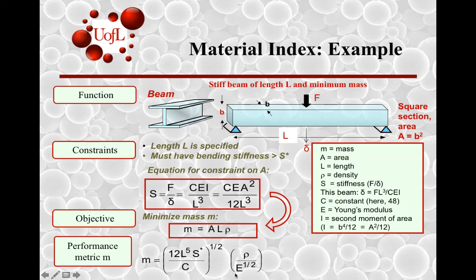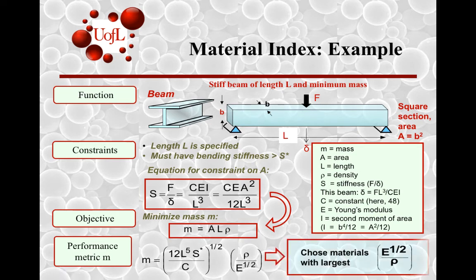And then you have the option of maximizing E to the power half divided by rho, or minimizing rho divided by E raised to 0.5. So if you choose materials with the largest value of this performance material index, it's the same as the reciprocal of this term.